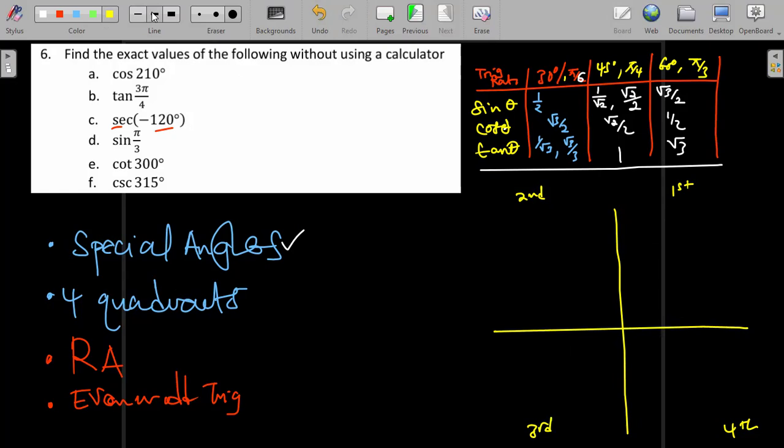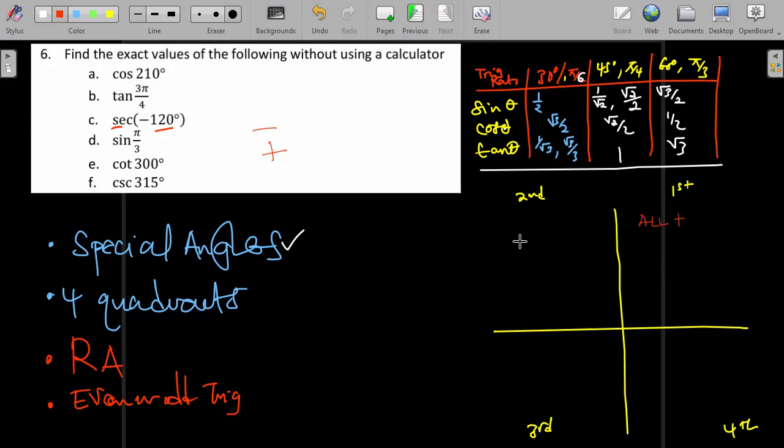Depending on which quadrant you are in, the trig ratio can either be negative or positive. If you are in the first quadrant, all the trig ratios are positive. So the sine will be positive, the cos will be positive, and even the tan will be positive. So we are going to say all positive in the first quadrant.